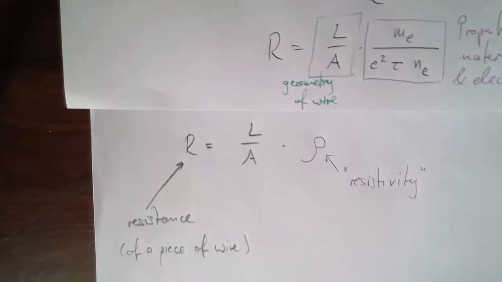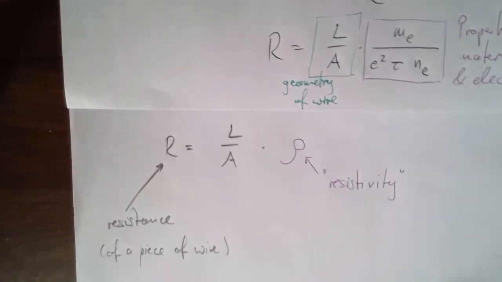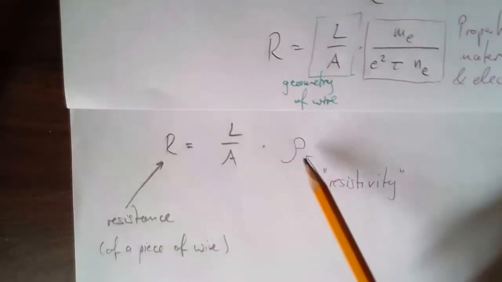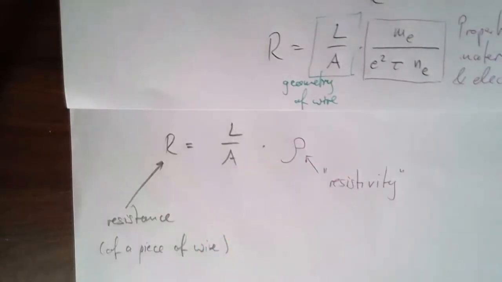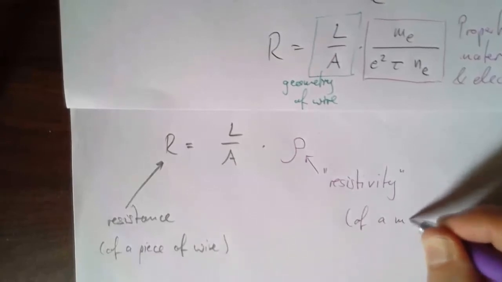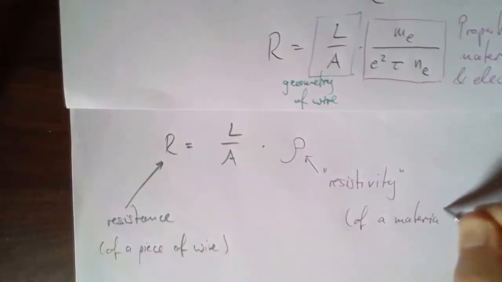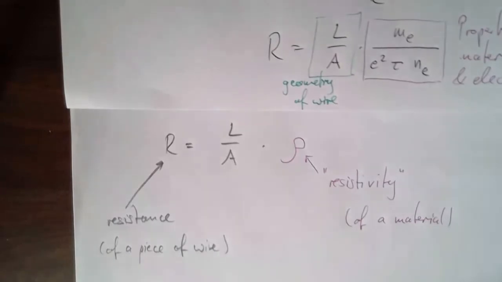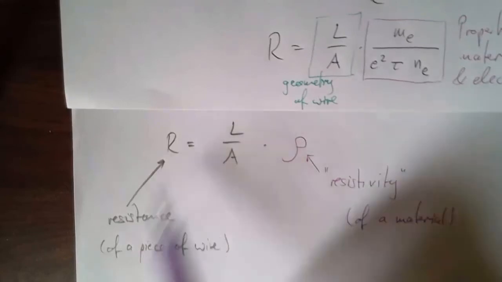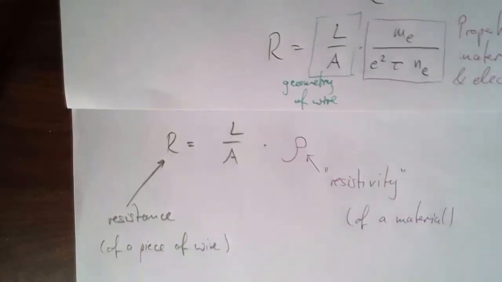But you have a specific piece of wire, it has a certain resistance. Whereas this property here is the resistivity of a material. So if I give you a copper wire, and I give you a second copper wire that has a different length and maybe cross section, they will have the same resistivity if they're both made of the same material, but they will have different resistances.